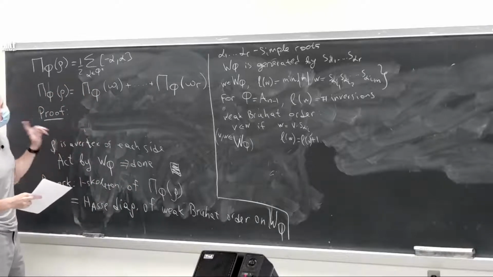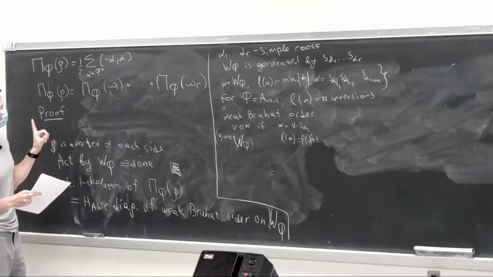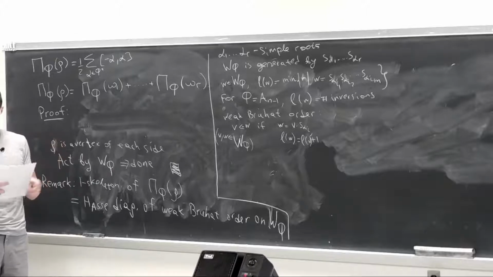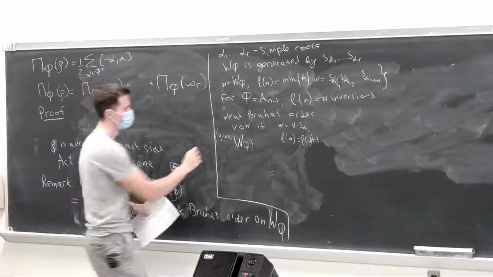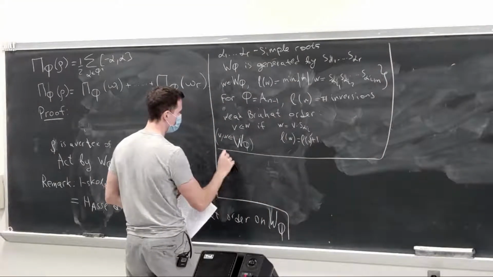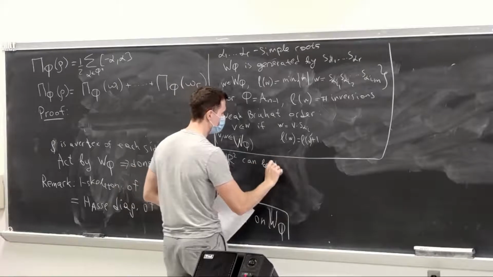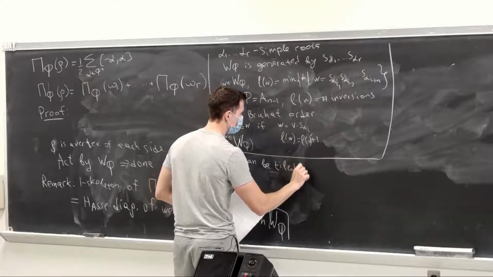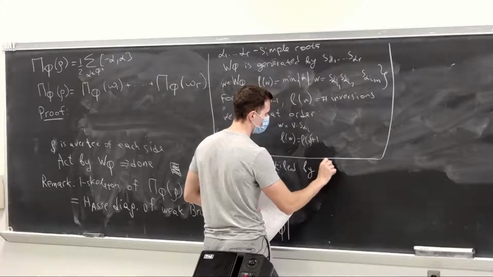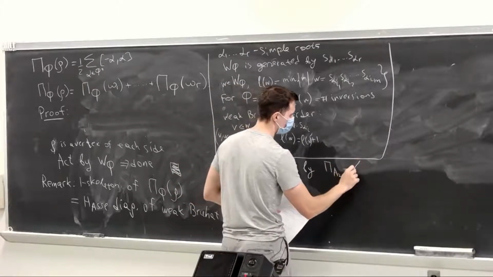One thing that is not true for arbitrary root systems is that the permutahedra do not tile the space. If you remember, the plane can be tiled by copies of permutahedra of type A2, which are the hexagons.